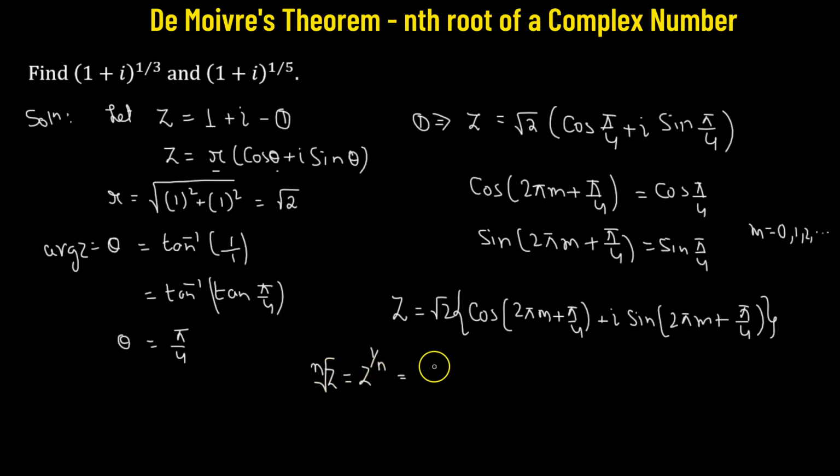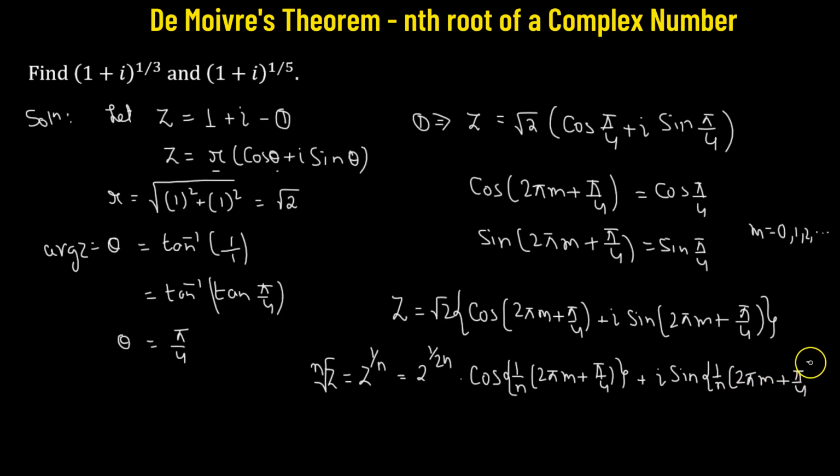Square root of 2 is actually 2 raised to the power of half, so raising it to the power of 1 over n we get 2 raised to the power of 1 over 2n, multiplied by cosine of 1 over n times 2 pi m plus pi over 4, plus iota times sine of 1 over n times 2 pi m plus pi over 4.